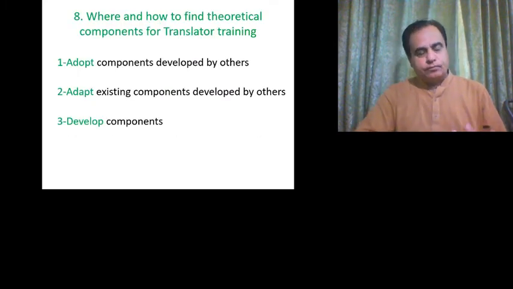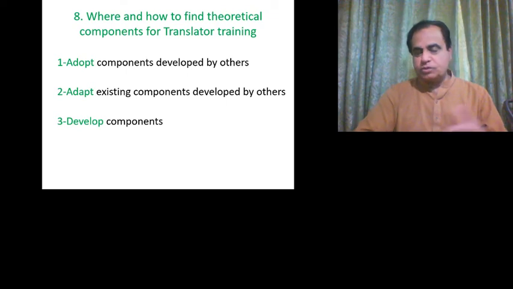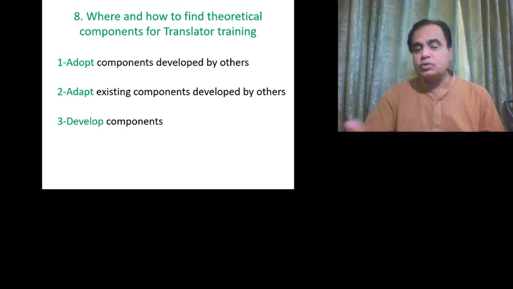Okay, we have the next point, which is where and how to find theoretical components for translator training. Theoretical components: there are a lot of books. Thousands of books have been written in English, in Arabic as well, and in Urdu now.